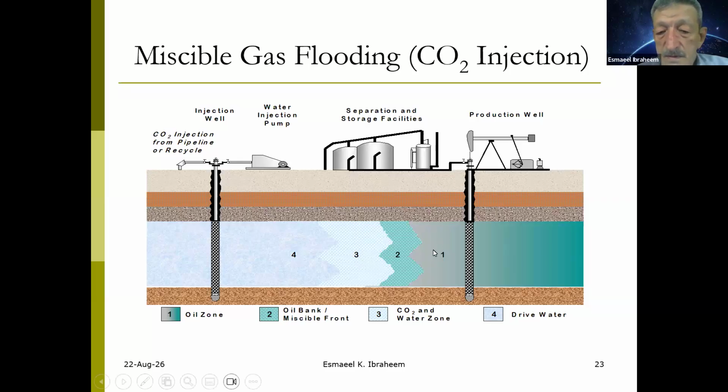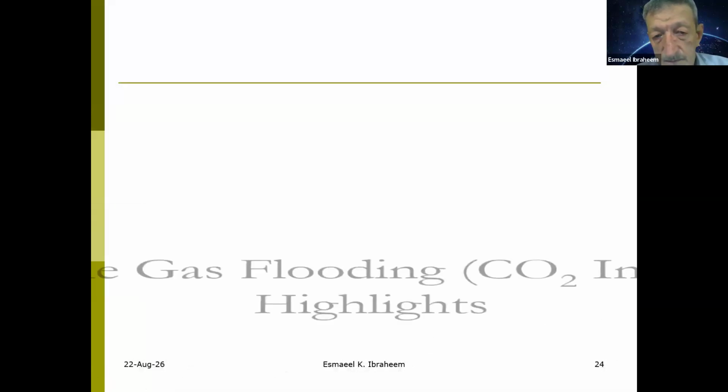As you see from the scheme, the CO2 makes a front, a miscible front actually. Then followed by more CO2, and then pushed by the water that has to be injected also after this operation, of course.